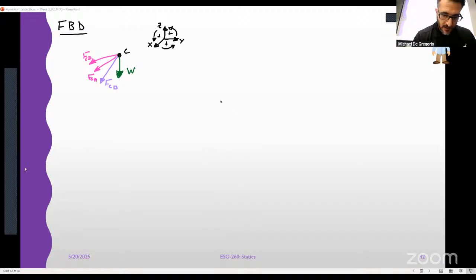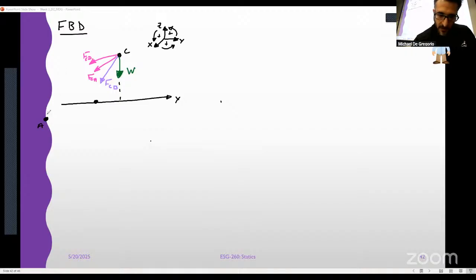Important things to note here are that this drops straight down to the ground, right? FCB, here's point B. Point B lies on the y-axis. It is given to us. Point A is going to be somewhere over here.